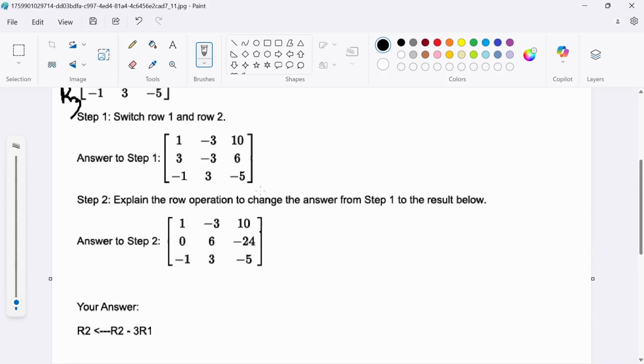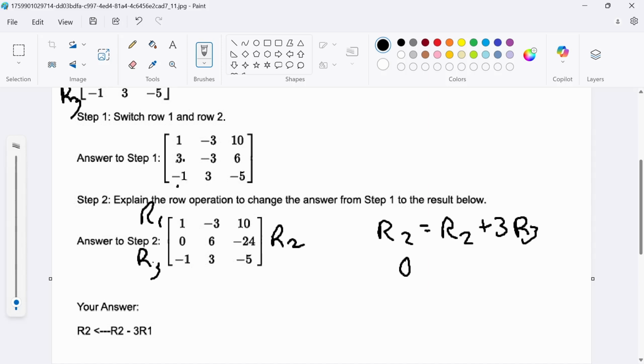Now, how is this next operation done? How do I get from step 1 to step 2? Notice the top row is the same. Row 3 is the same. So something has been done to row 2. This is 3 and it becomes 0. So I can add 3 times row 3. Let's see if this works. Row 2 equals row 2 plus 3 times row 3, because 3 plus 3 times negative 1 is 0.